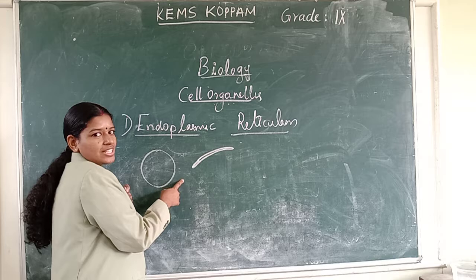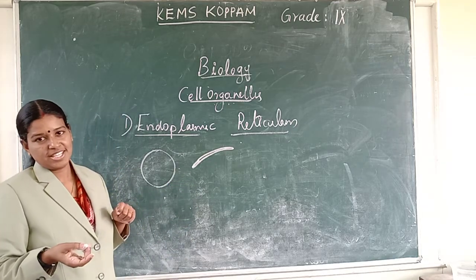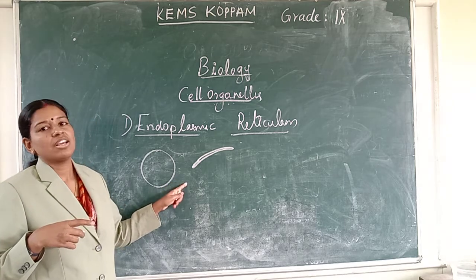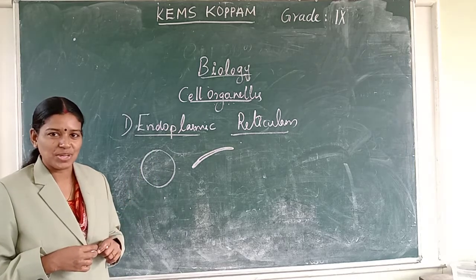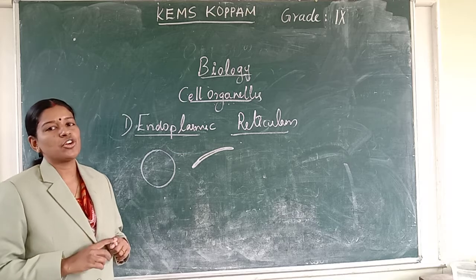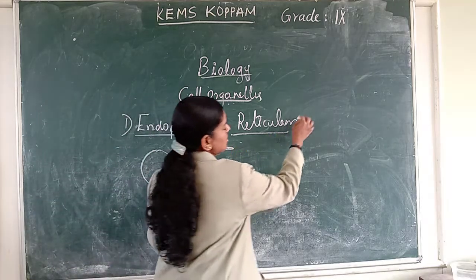These are present near the nucleus. So in the cytoplasm, we can see these tube-like structures which are called endoplasmic reticulum. Mainly two types are present.